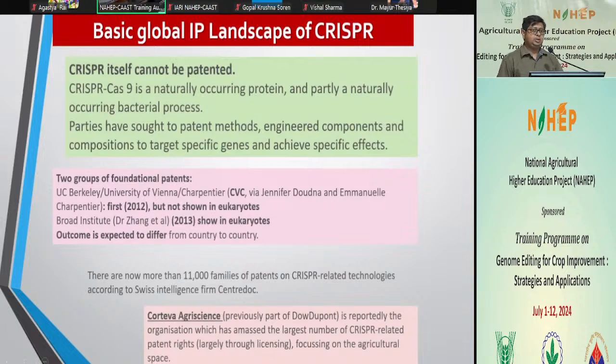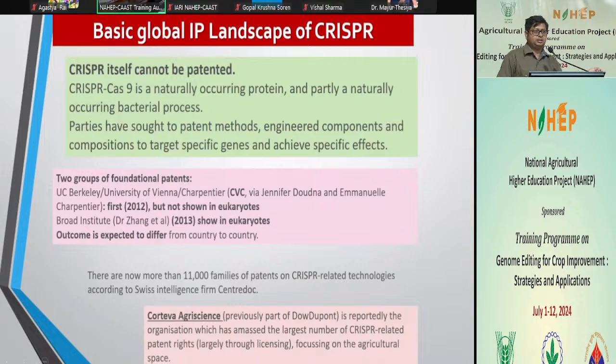So now tell me whether CRISPR can be patented. What is CRISPR? These are some sequences of bacterial origin, right? So CRISPR cannot be patented. And now you are having a lecture about the intellectual property of CRISPR-Cas9. And what about Cas9?